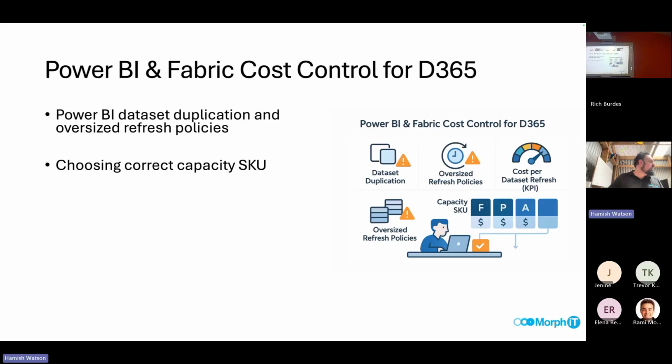And so dataset duplication is a common anti-pattern. This is where different teams often create their own semantic models pointing to the same tables and data, which multiplies our storage consumption and can double or triple our refresh workloads. This not only increases the compute cost, if you're using Fabric capacity, but it also increases load on the underlying D365 environment.